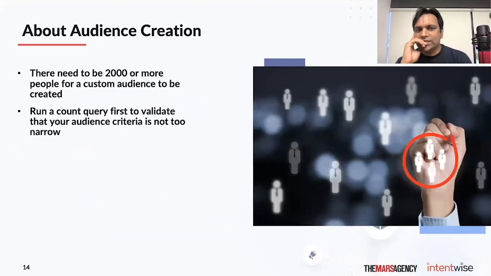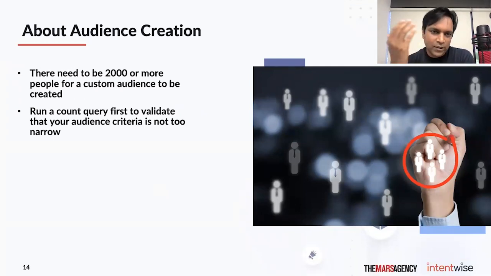A note on audience creation. From within AMC, you can create audiences and push them to your DSP. There are 2 key things that we want to call out today around audiences. One is the audience pool has to exceed 2,000 for you to be able to get that custom audience and have it targetable within DSP.